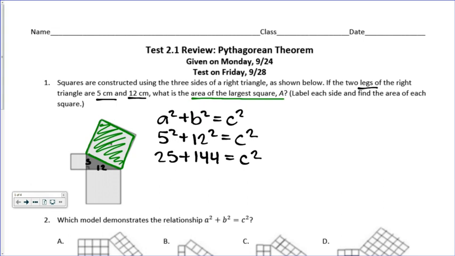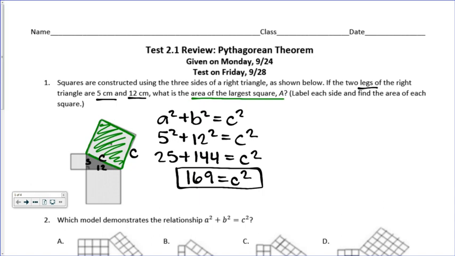And 25 plus 144 is 169 equals c squared. That is the end, because it's asking me what is the area. This side length is c, so if I'm finding the area of this square, it would be c times c, which is c squared. So I know my area is 169, and you're finished.